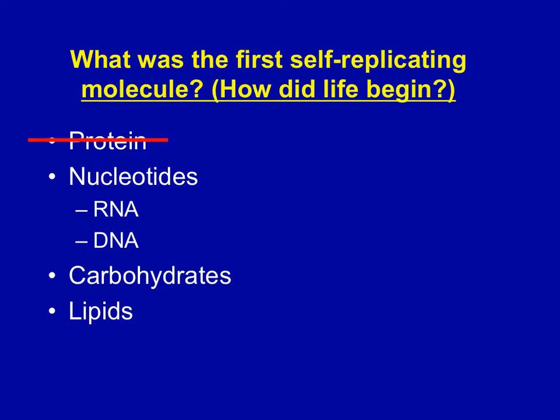We finished talking about proteins, and if we think about this in terms of what was the first self-replicating molecule that came into being on the earth, proteins are not it.